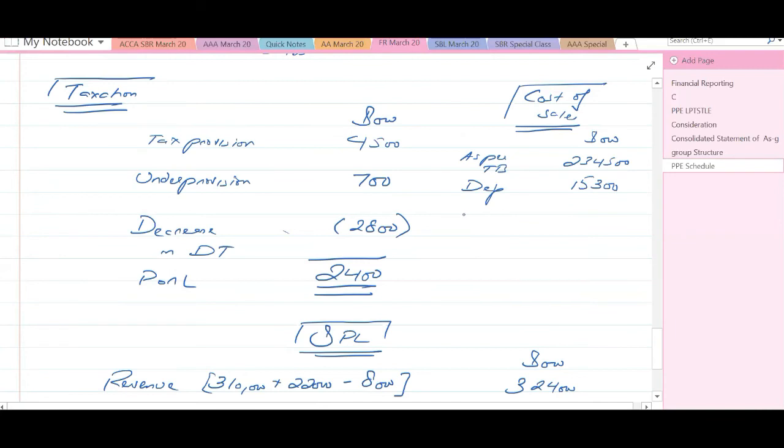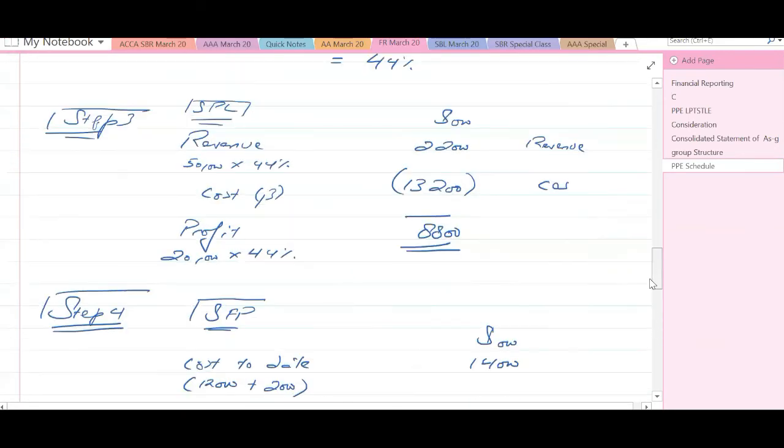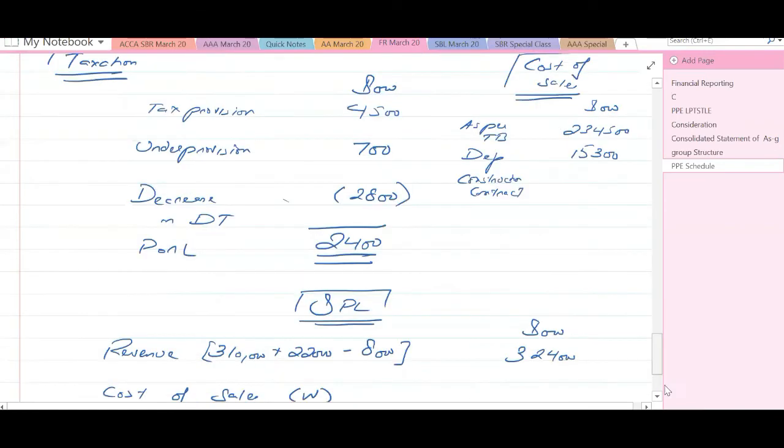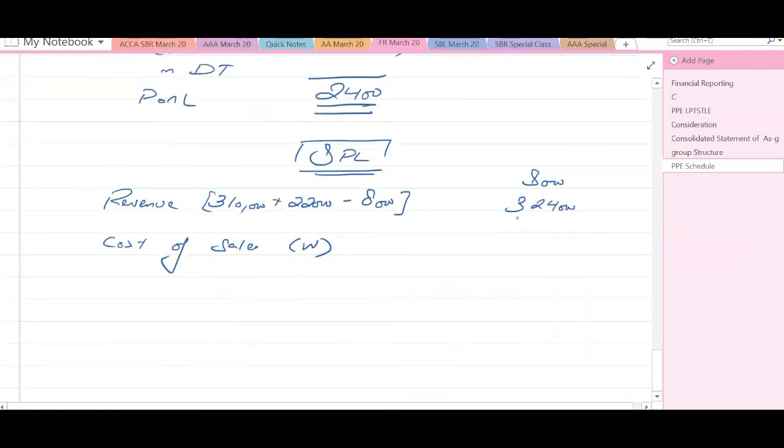Now we have to allocate the cost of sales of the construction contract. Again, you have to see the working. Step number 3, the balancing figure, it was 13,200.